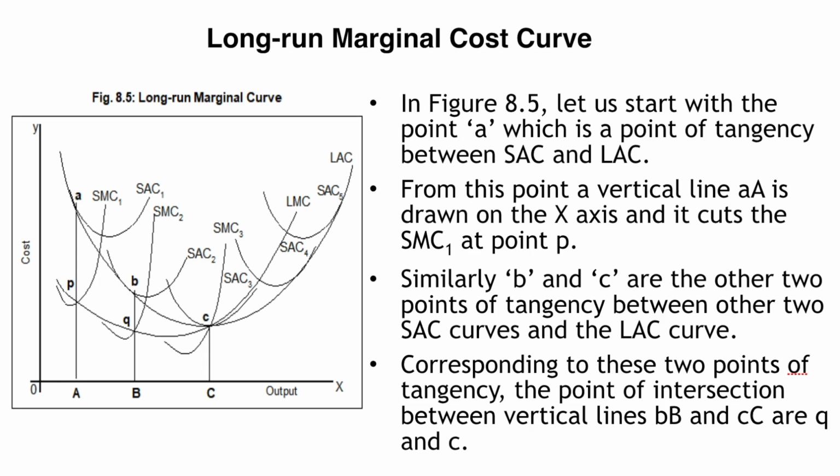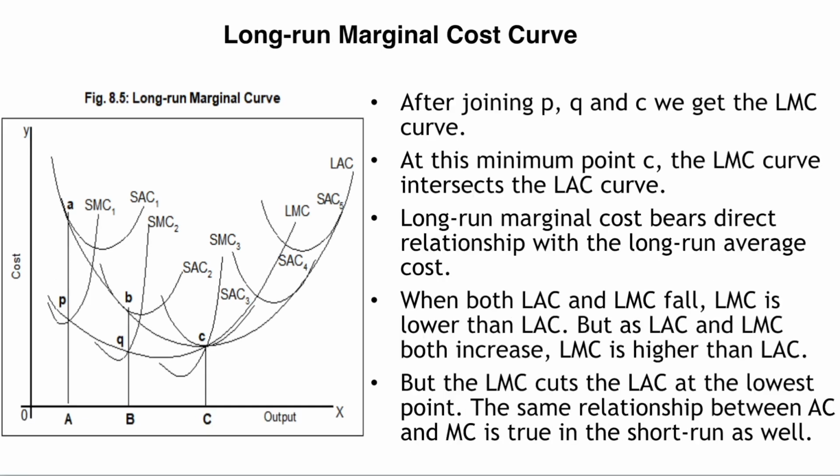Corresponding to these 2 points of tangency, the points of intersection of vertical lines BB and CC are Q and R. After joining P, Q and R, we get LMC curve. At this minimum point, the LMC curve intersects the LAC curve.